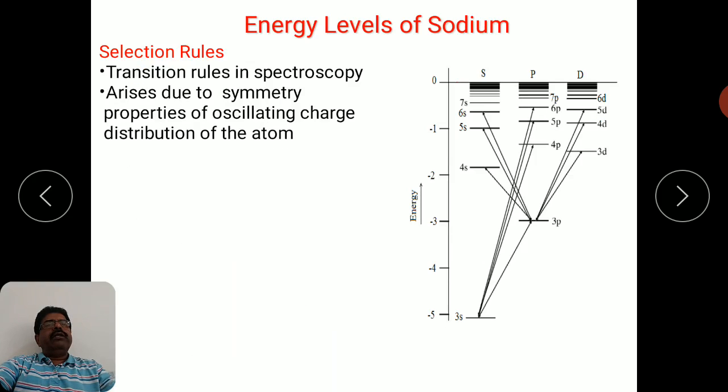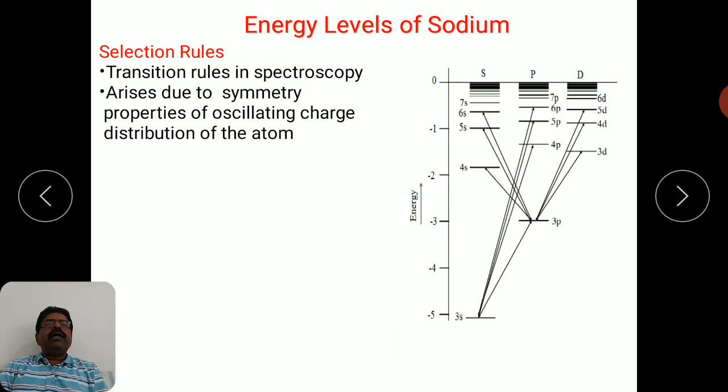Let us now try to understand some quantum mechanical rules which explain why only certain transitions are allowed and not other transitions. They are decided by a certain set of rules. In spectroscopy, they are known as selection rules.